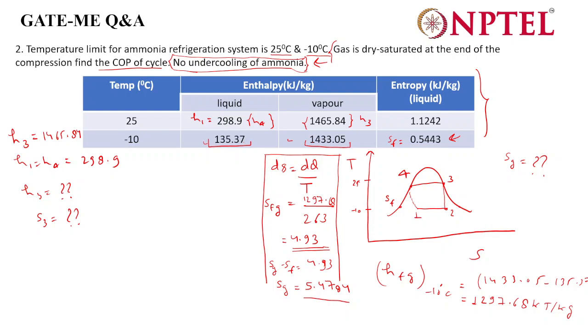Does anyone have any idea? Same as we did for state 1. What is the s_3?